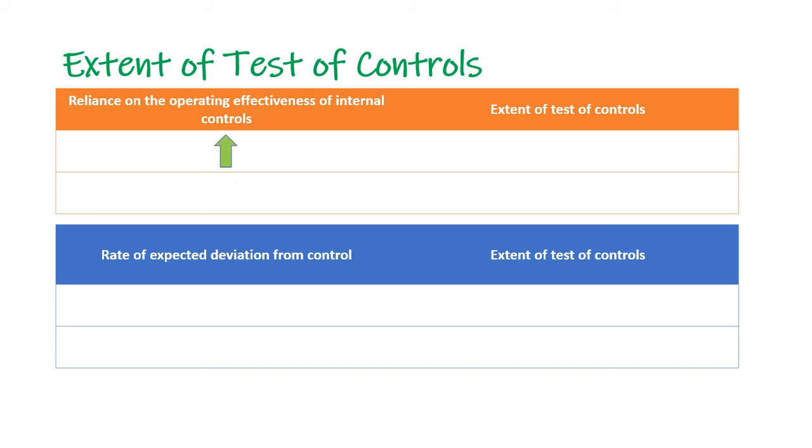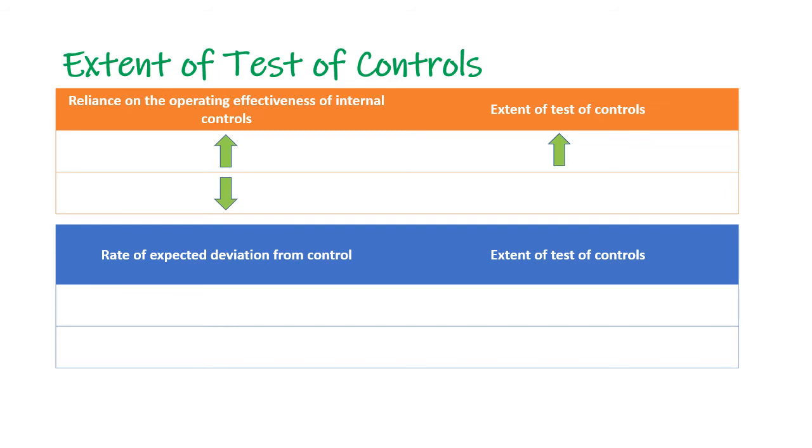So the more we rely, or as we increase our reliance, or the greater our reliance on the operating effectiveness of the internal control, the greater would be or the more extensive would be our test of controls, because we want to figure out if the controls really are effective.